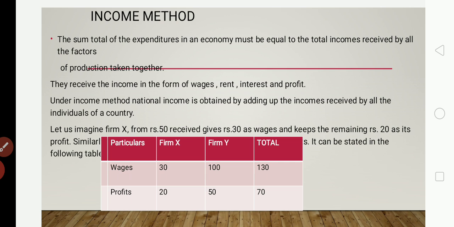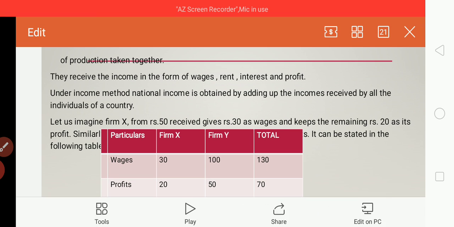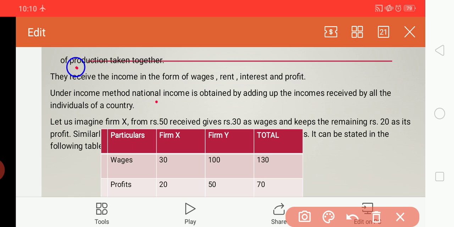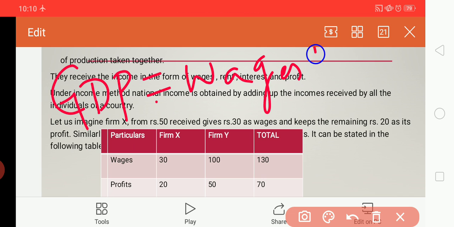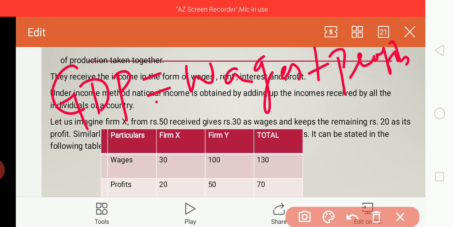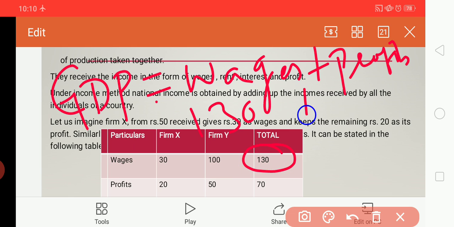So here is how to calculate, for example: GDP equals wages plus profits. Okay, so wages plus profit. How much are the wages received by all the firms? 130. How much are the profits received? 70.